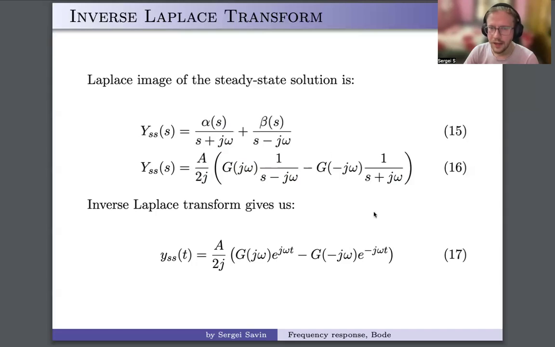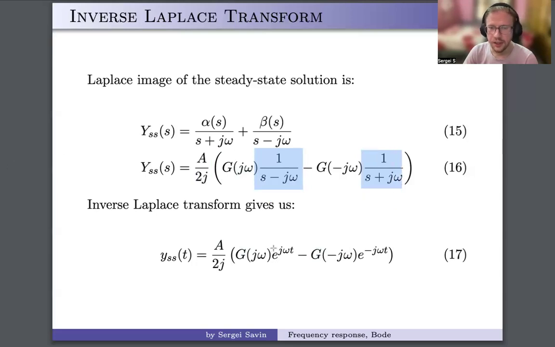Okay. Now we can try to find the inverse Laplace transform of this thing. This is simply a coefficient. It can go in front of the Laplace transform. This is also a coefficient. You can see it doesn't have S inside it, so it also goes in front of the Laplace transform, right? What we're actually going to transform is this function and this function.